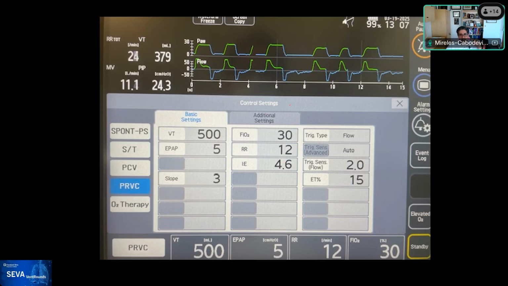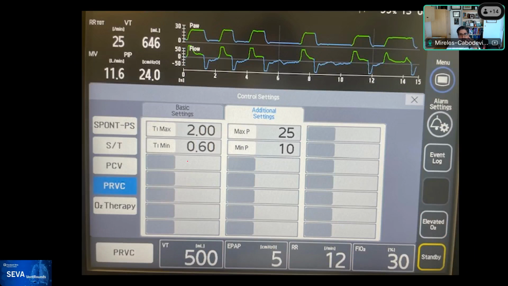But then you see here additional settings. As you click the additional settings, now you have those values, and these values are relevant for us to review. So you have a TI max, so that means that a spontaneous breath may be cycled off if it goes for longer than 2 seconds, right?